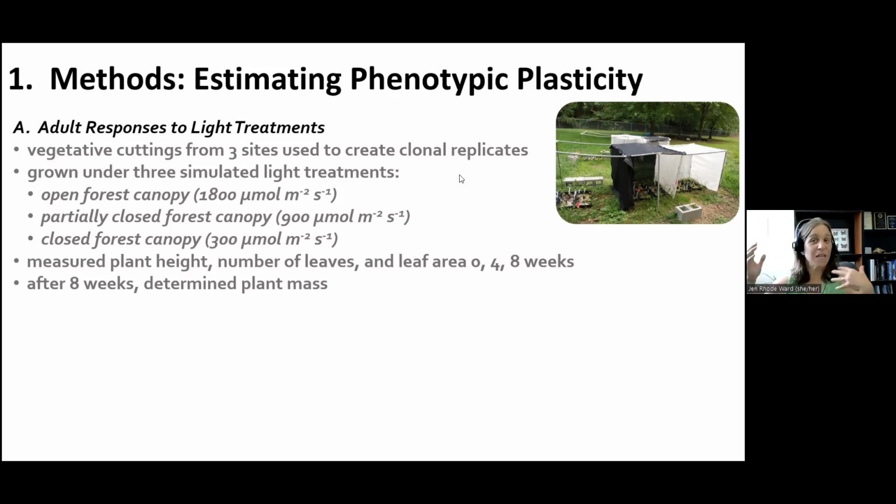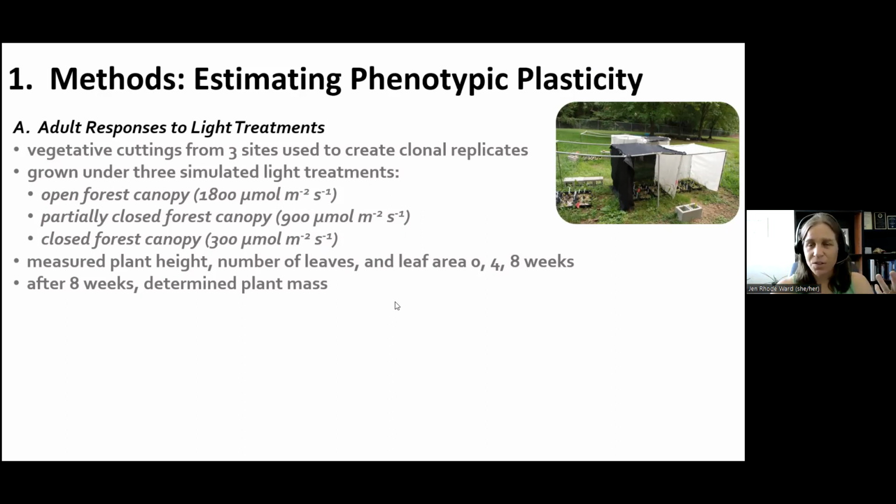So we cut them, same genotype, same plant. These plants root really easily, unfortunately. We grew them for a few weeks under common conditions and then moved them into shade structures, representing an open forest canopy, a closed forest canopy, and a partially closed forest canopy. And these are just the light levels that we used there.